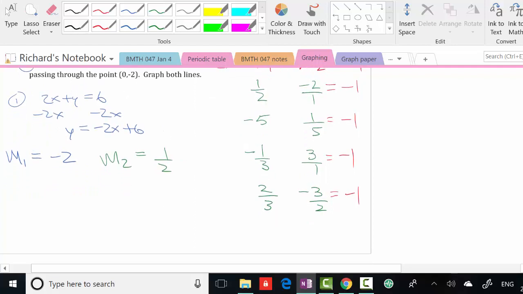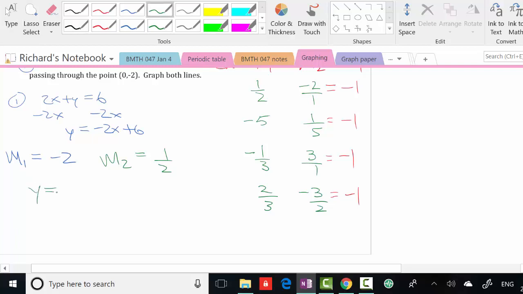So what am I going to do? I'm going to use that second slope to find the equation of the second line. The second line will have the general form y equals mx plus b. In this case, m is going to be equal to 1/2 because the second line is perpendicular to the first line.